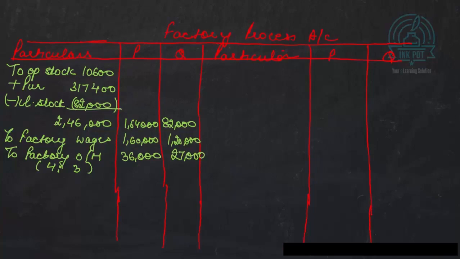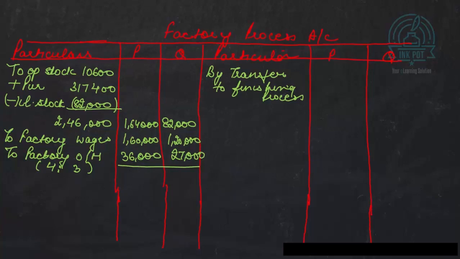So this is all about this account. And now the output of factory, the total cost of factory process will be transferred to finishing process. So we'll write here by transfer to next process. Transfer to next process is finishing process. So I am writing finishing process. So what is the total? The total is 1 lakh.